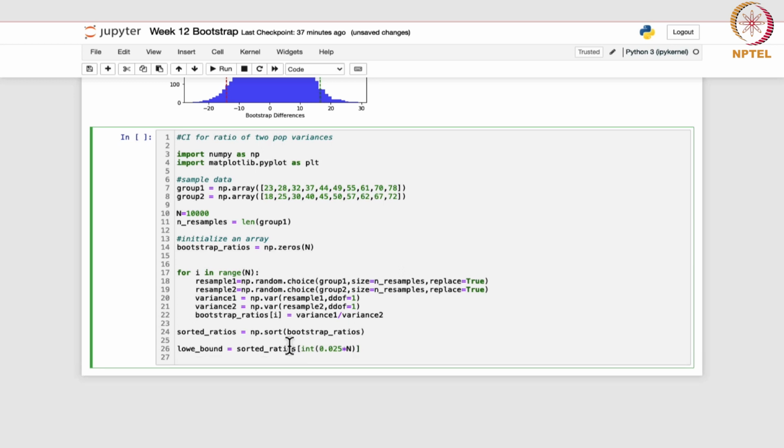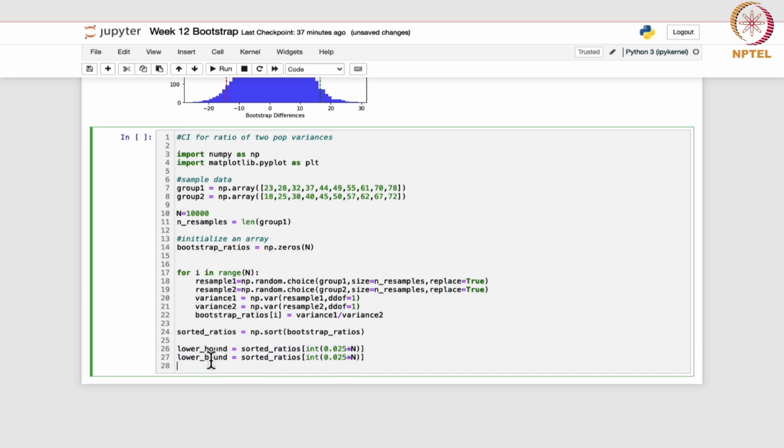Likewise, you can write the upper bound also. So here it would be 0.975. So again we are finding the 95% confidence interval.